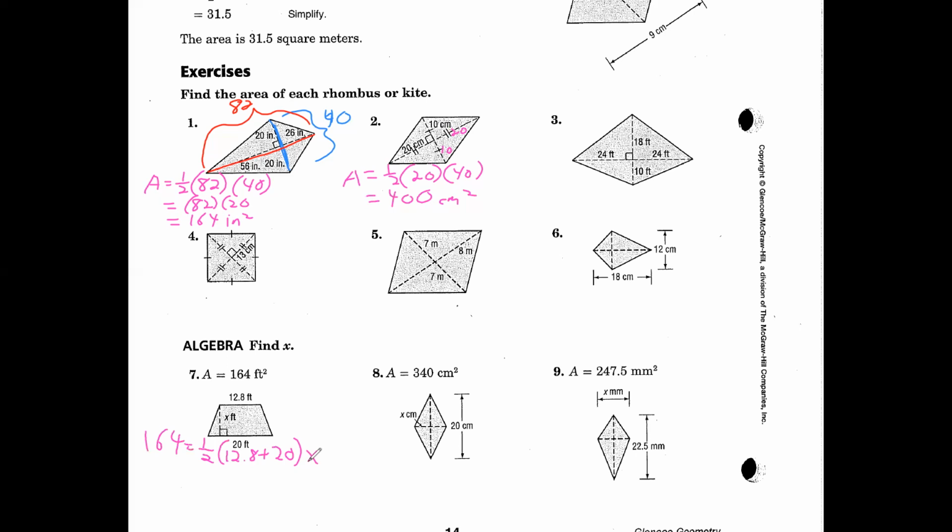We plugged all those parts into our original equation. Now we have to solve for X. So first thing I could do, go ahead and get rid of the 1/2 that's being multiplied to everything by multiplying by 2. So multiply by 2, you get 328 equals, here, these two in the middle, we add those together, we got 32.8. Divide off 32.8 and you get 10 is equal to X.